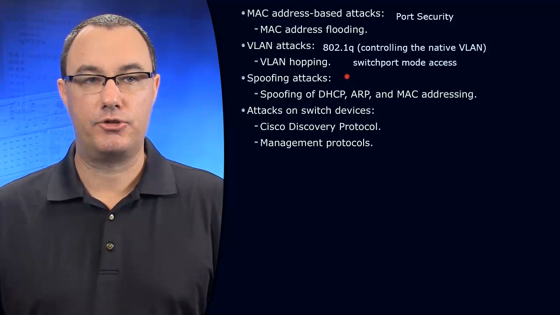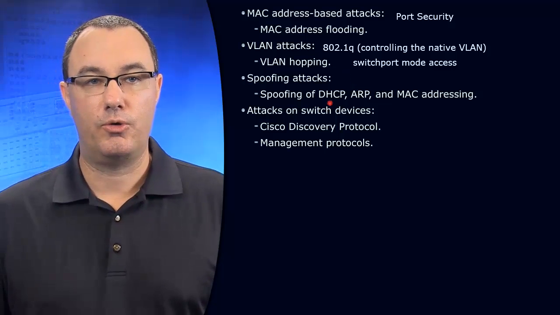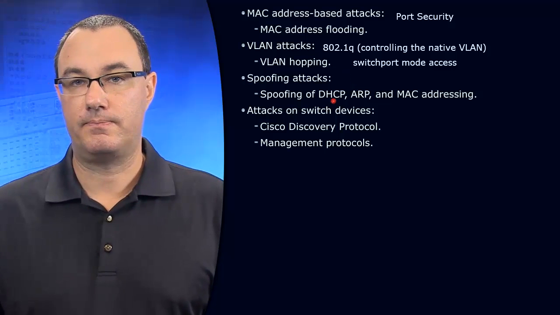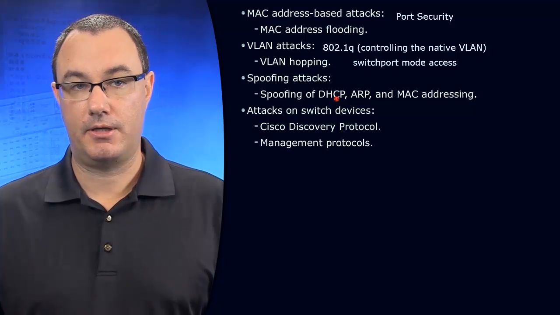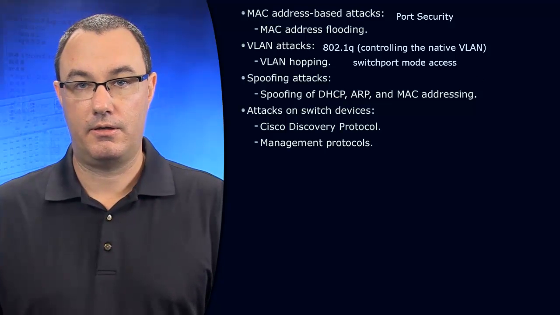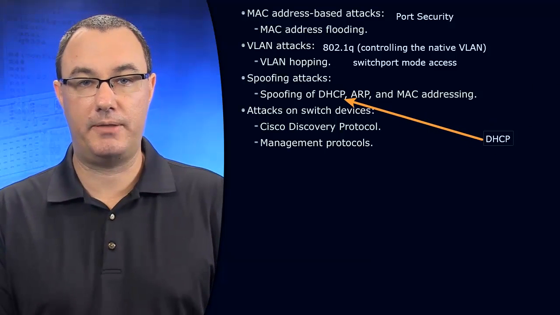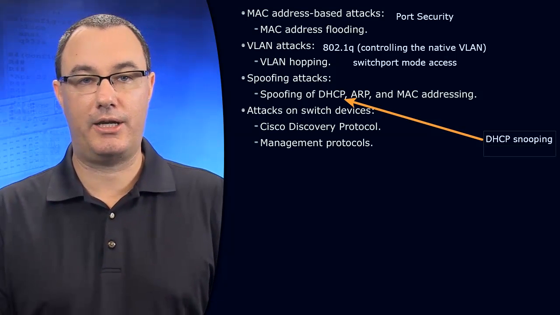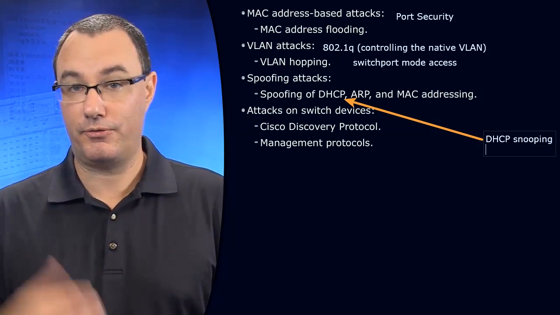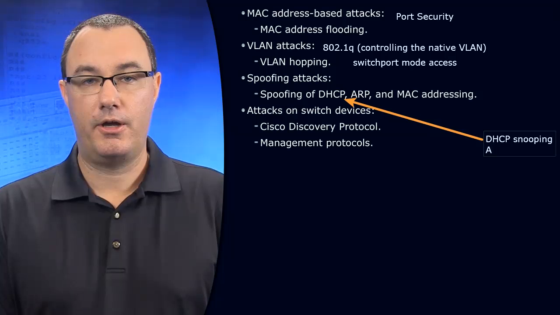Then, spoofing attacks. Rogue DHCP servers. What do you do here? DHCP snooping. So in order, DHCP snooping. Snooping is listening to. That's generally an okay thing for a security tool to do.